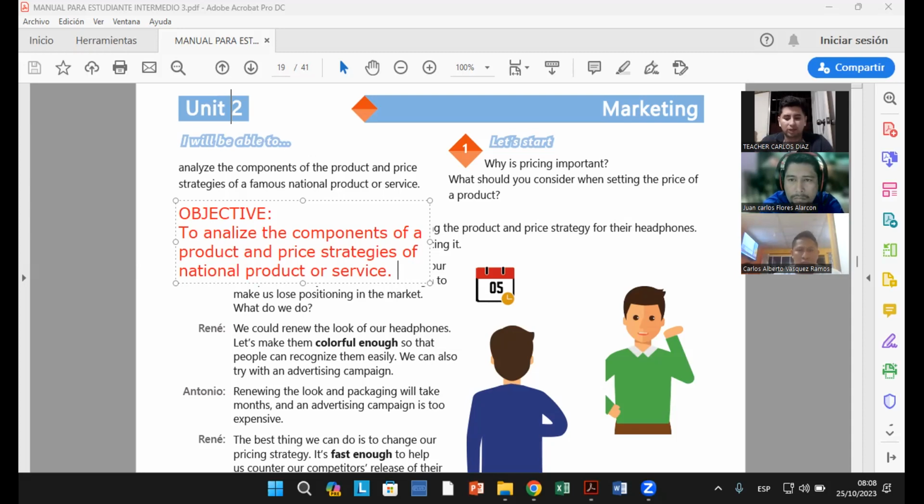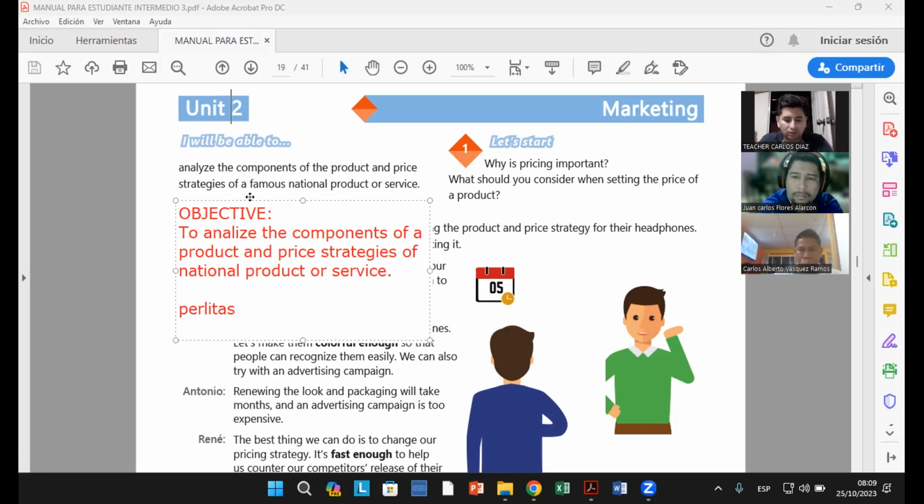For example, we have Las Perlitas, a national product. Las Perlitas water. The other one is Aquacen, another company. We have also Cristal. These are national companies, and they do a price strategy. For example, Las Perlitas, the bottle, the gallon of water, is $2.50.